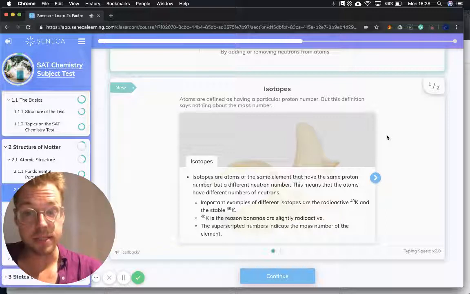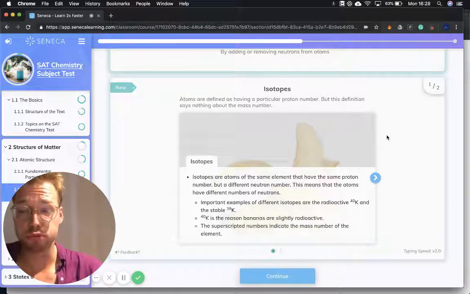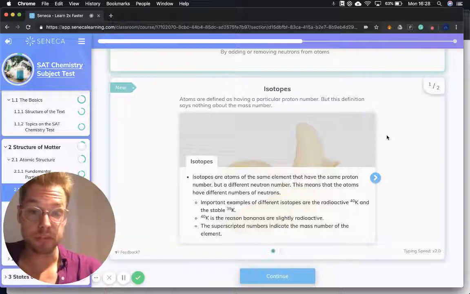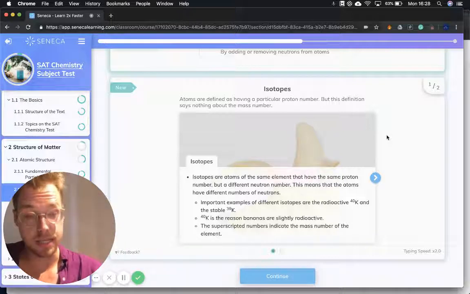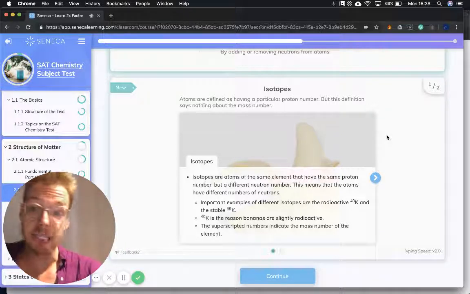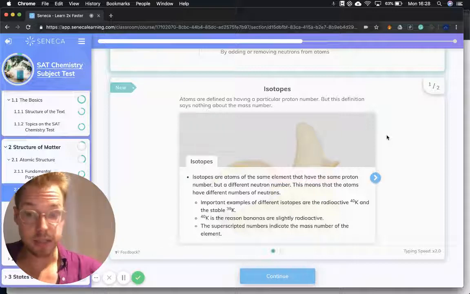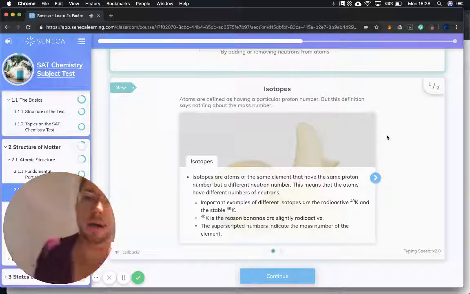Important examples are the radioactive potassium-40 and the stable potassium-39 isotopes. The potassium-40 is the reason bananas are slightly radioactive. Bet you're thinking about your oatmeal differently now.